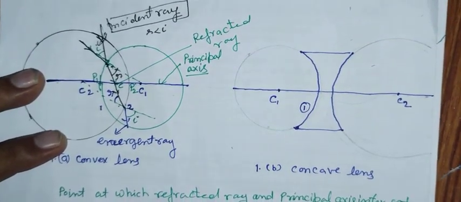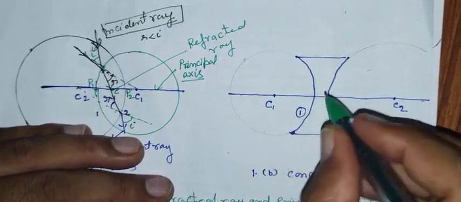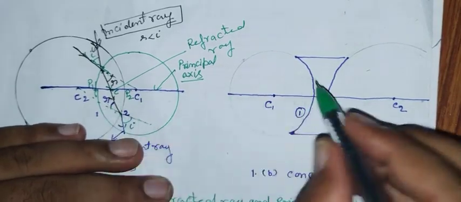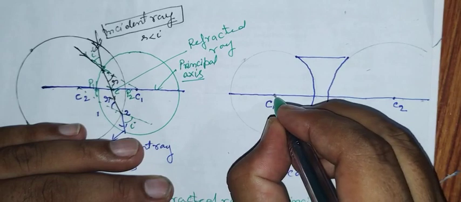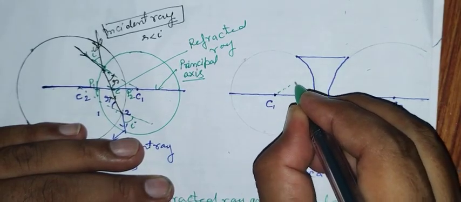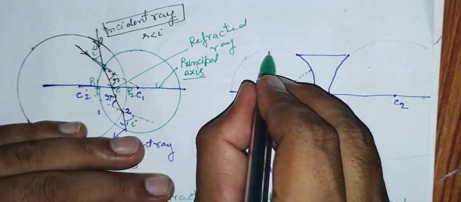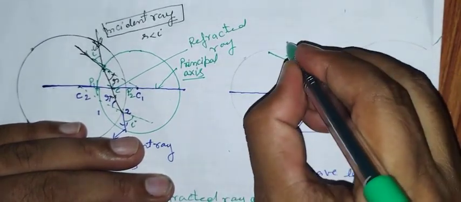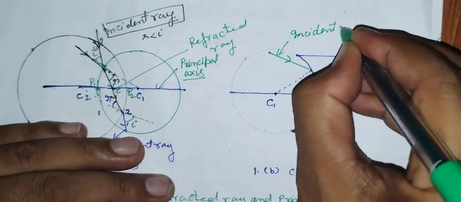So to see it here in the concave lens, let us see very carefully the diagram. Let us take a normal from the first side, from the center of curvature. We take the incident ray.